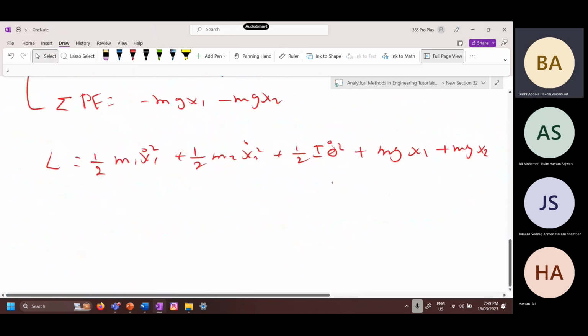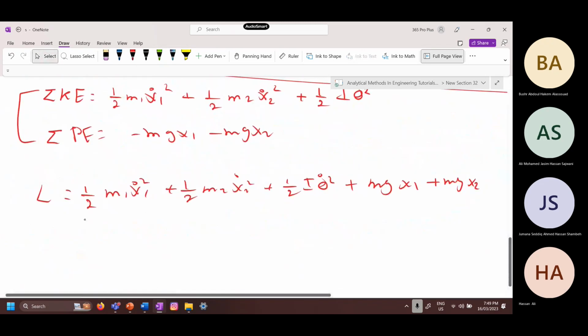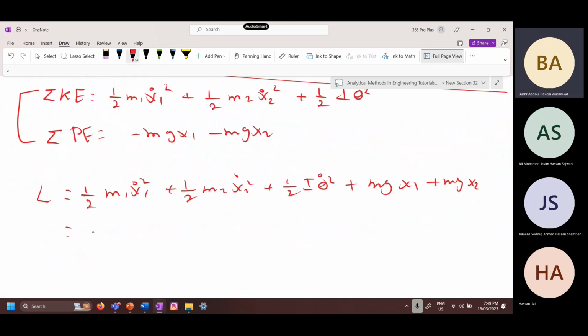Go down here and try substituting. Now I will use the variable x1 dot. You can use x2, use whatever you like. Half m1 x1 dot squared plus half m2 x1 dot squared.